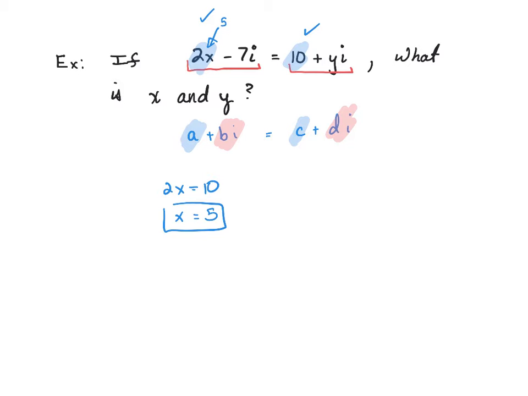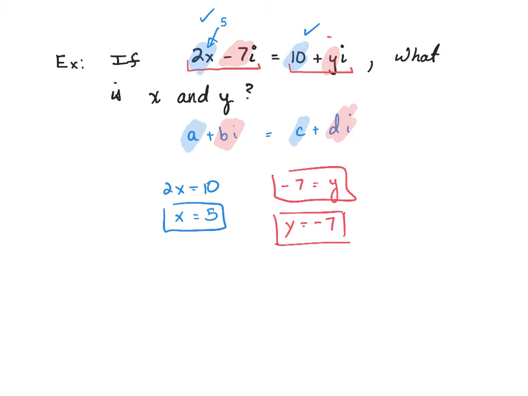Let's do the imaginary part here. This negative 7 has to equal this y. We don't have to worry about the i part. We just worry about the numbers in front of the i part. So negative 7 must be equal to y. Well, now I know what y is. y is, I should write it left to right, negative 7.